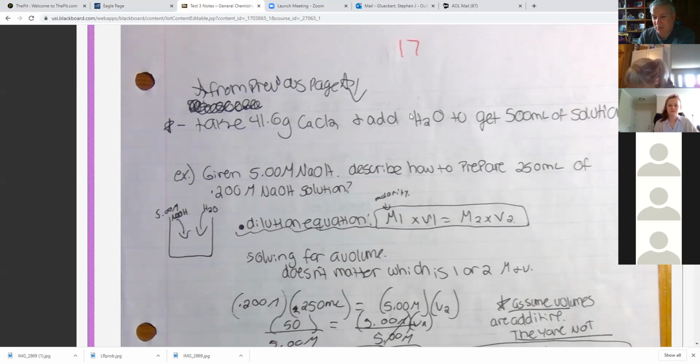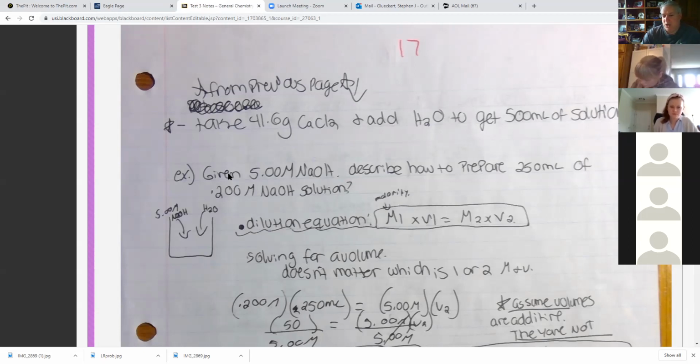Instead of a solid in water, you might use a high concentration solution and additional water. If I start with a higher concentration of solution than I want and I add some water to it, what am I doing to it? You're diluting it, okay? You're spreading out those molecules, lowering the concentration.